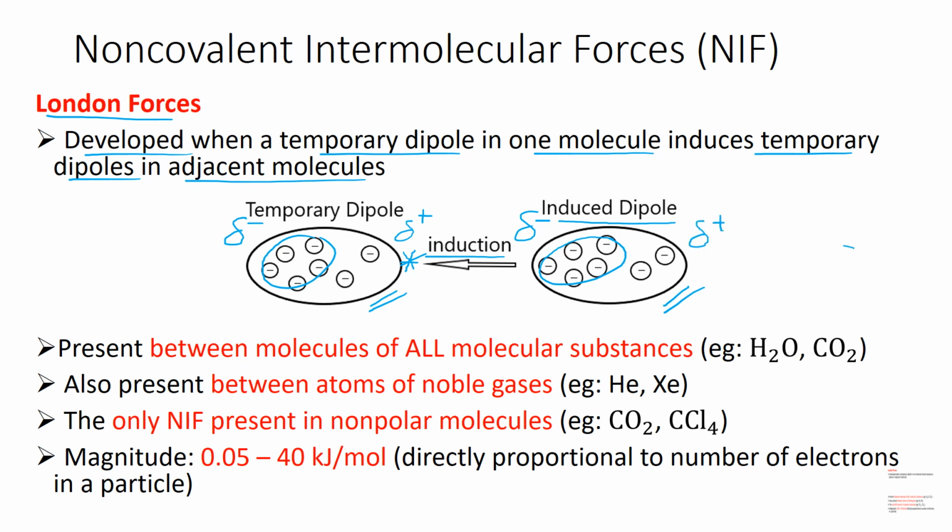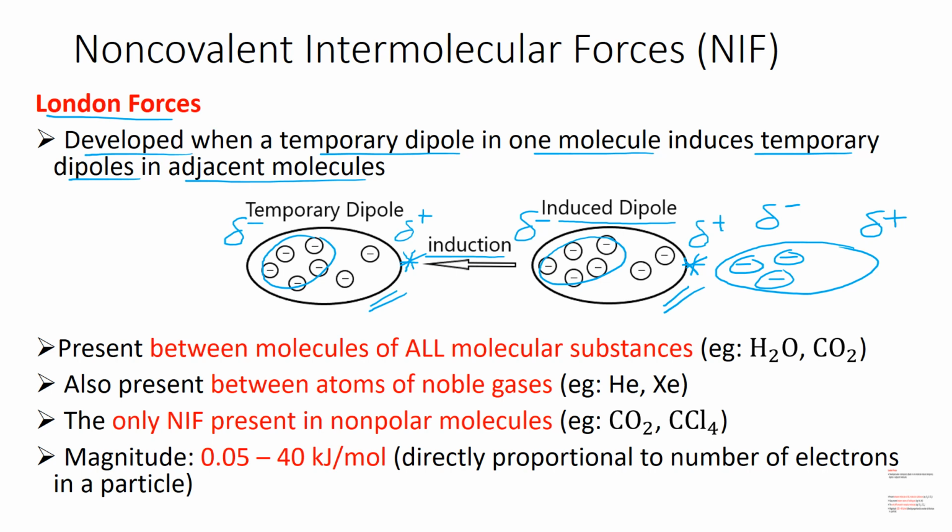If we have a third molecule adjacent to the second, the right end of the second molecule would again attract the electrons of the third molecule, such that the left end of the third molecule will be partially negative and the right end partially positive. The induction will go on as long as there are adjacent molecules.